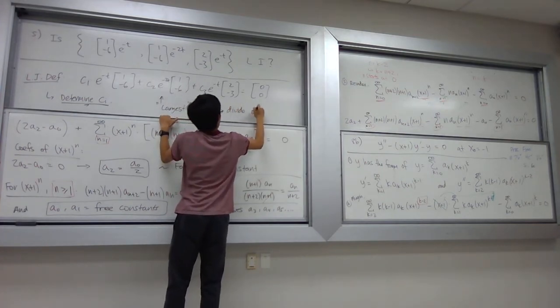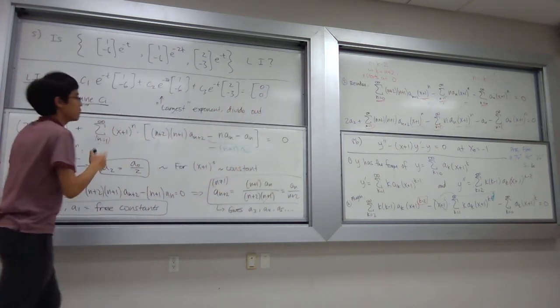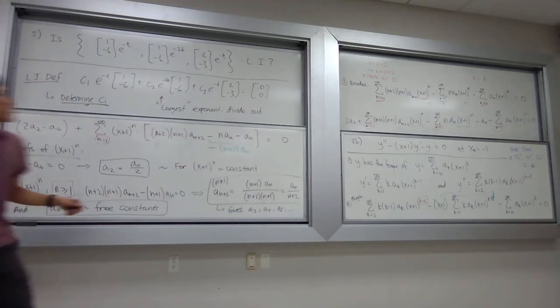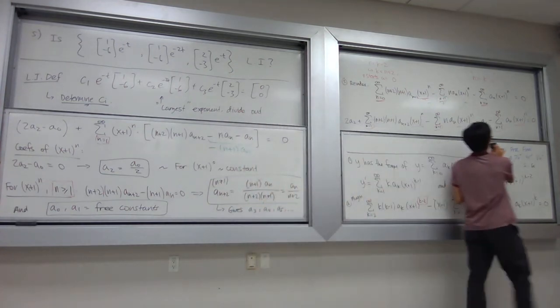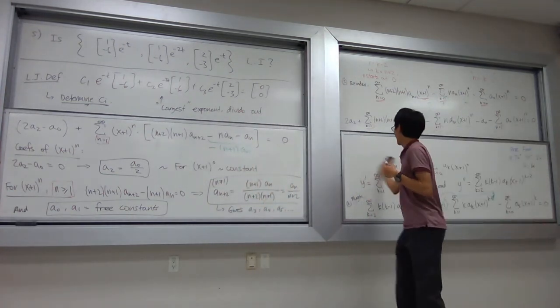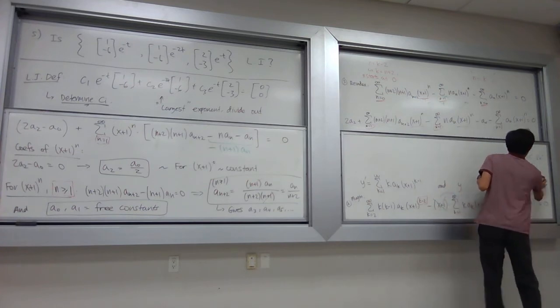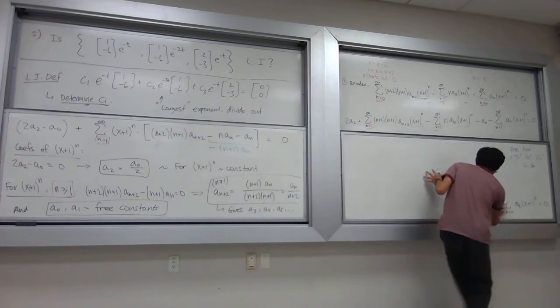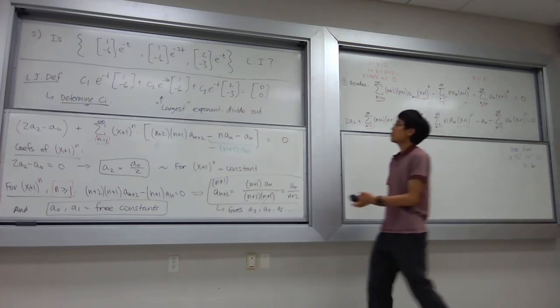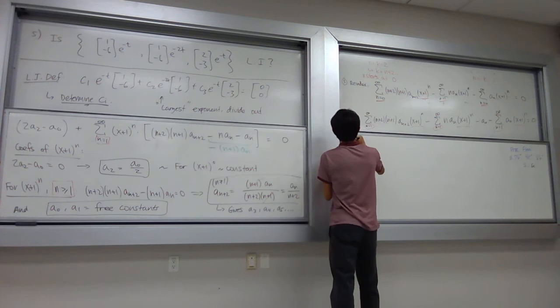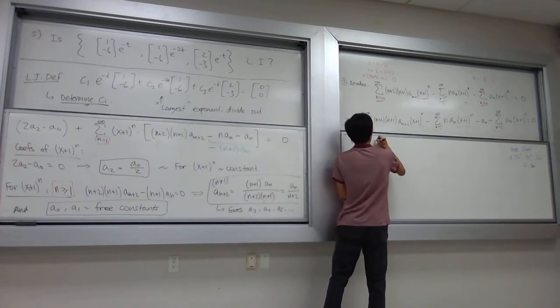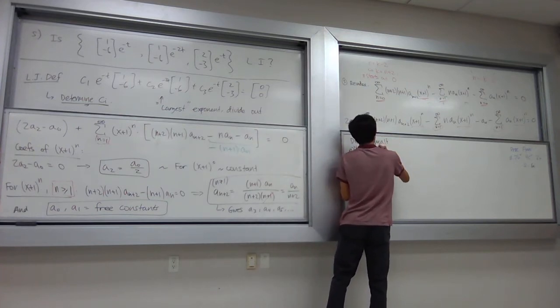Dividing by e to the negative 2t is the same as multiplying by e to the 2t.